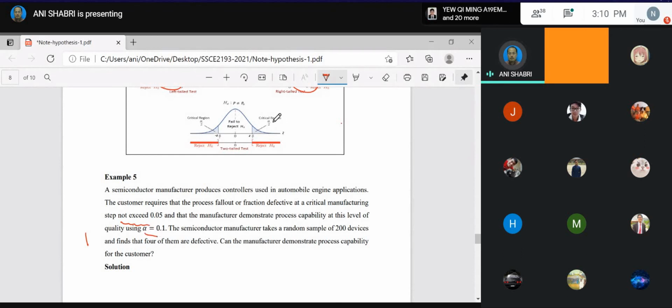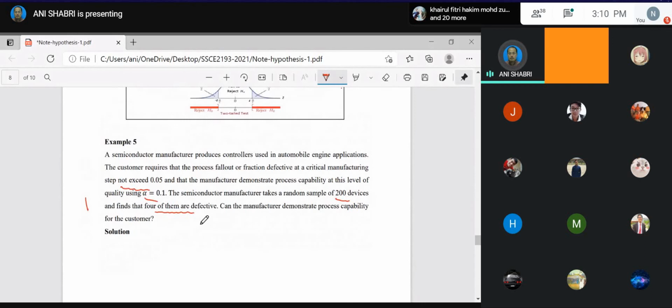The process capability for customer, this one not exceed 0.05.